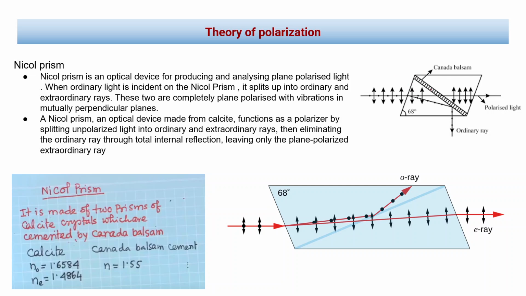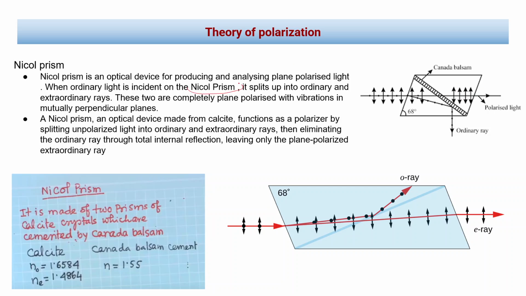When we put them like this, the O ray is completely rejected and the E ray reaches outside, which is completely polarized. Earlier it was unpolarized, meaning the electric field component of the light was varying in all possible directions. Now it's restricted to one direction. That means we have made it polarized.